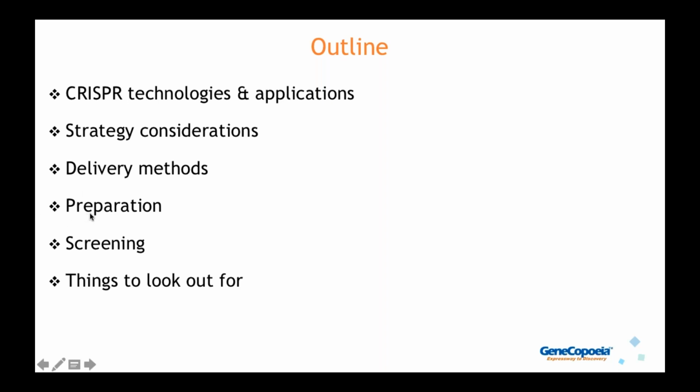Then I'm going to talk about preparation, so how to actually get started with the stuff that you receive. Then I'm going to go into some of the screening steps and considerations, and then finally, I'm going to talk about things to look out for, like pitfalls and things that can possibly trip you up if you're not thinking about them carefully. But of course, you are going to think about them carefully.